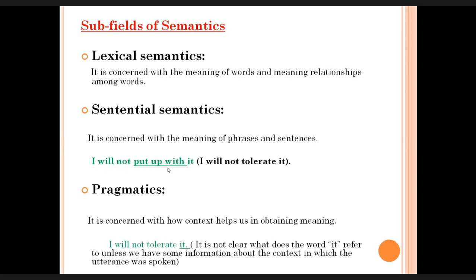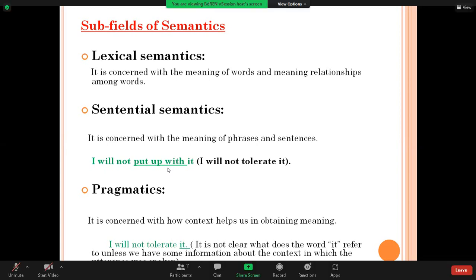If you want to obtain the meaning by looking at the meaning of put, and then up, and then finally with, you will not get the meaning of put up with. কিন্তু এই অর্থ জীবনেও পাওয়া যাবে না। So here the three words together have a single meaning, tolerate.